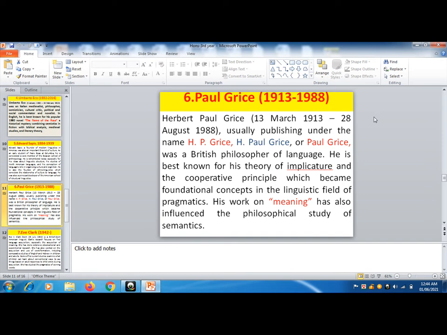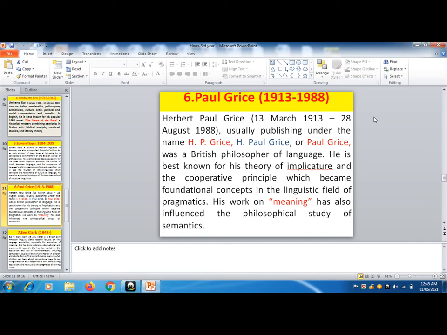Paul Grice. Herbert Paul Grice was born 13 March 1913 and died 28 August 1988, usually publishing under the name H.P. Grice, H. Paul Grice, or Paul Grice.